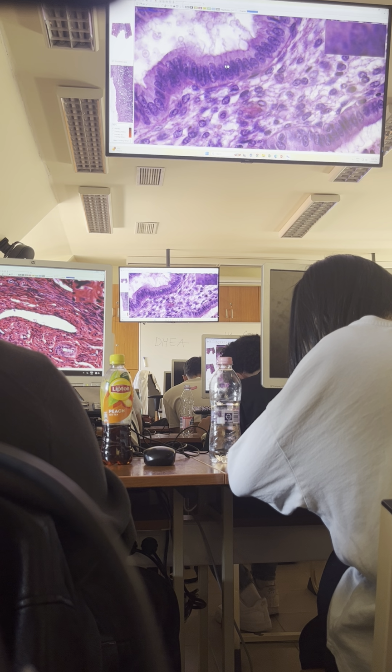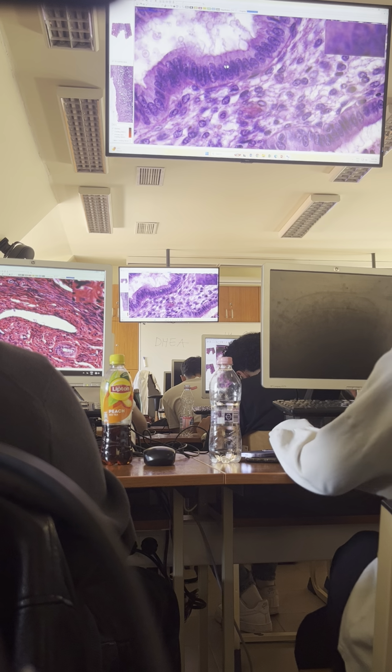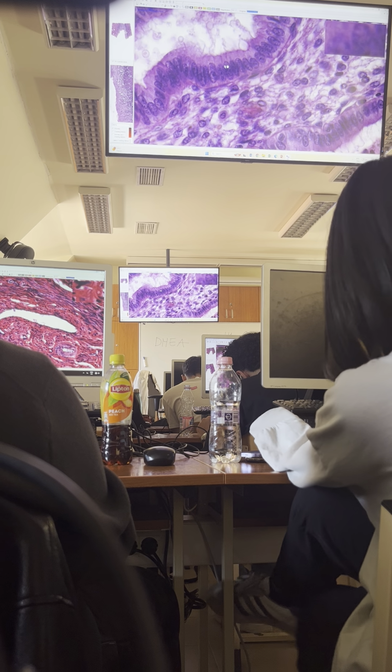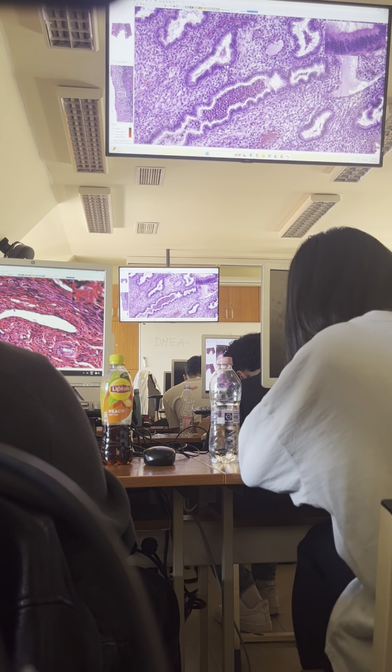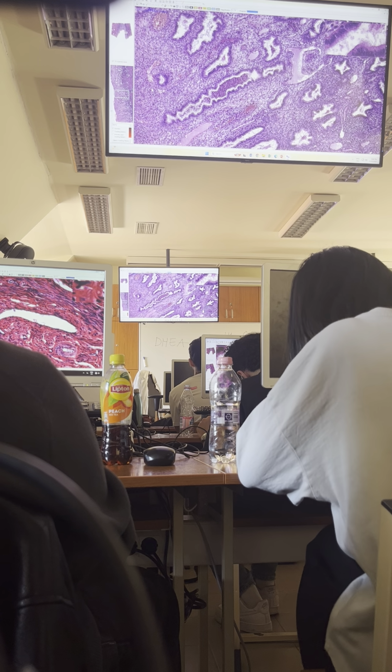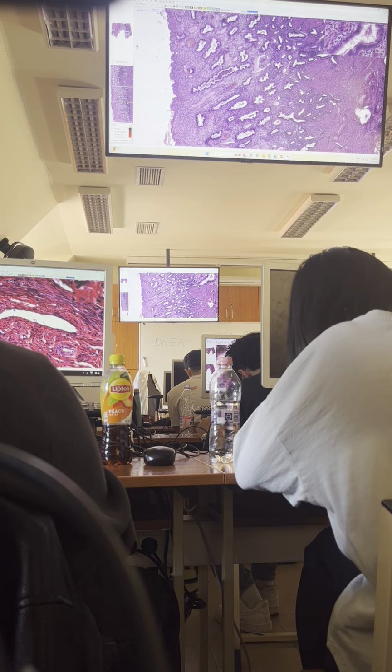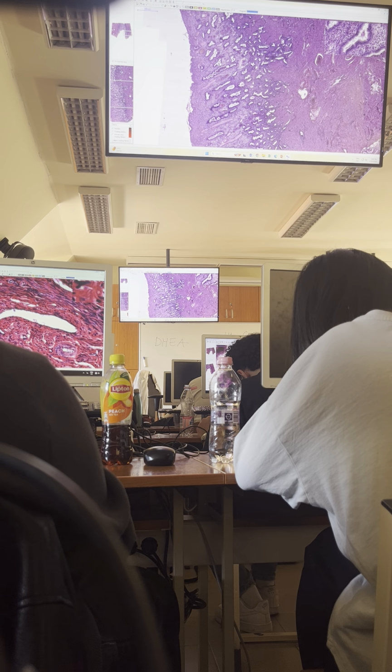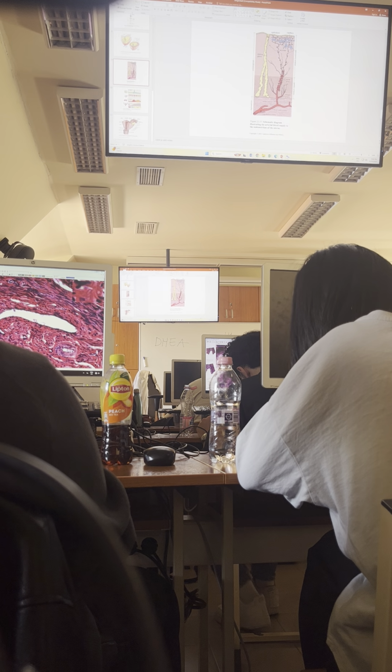Okay? So the location of the nucleus changes during the secretory phase. And they have a spiral course in the spongy layer. Okay, now I go back to the drawing.